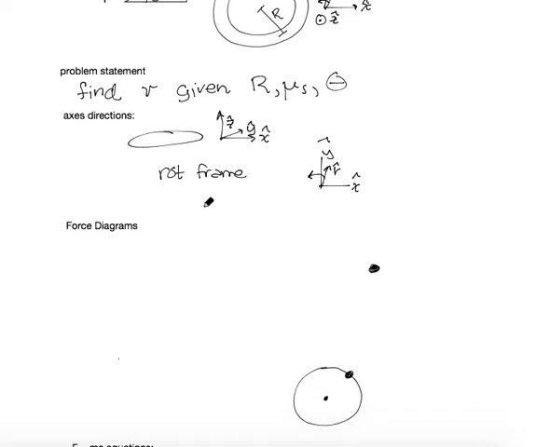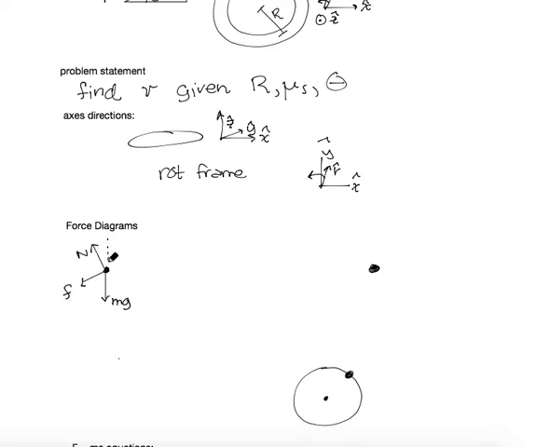Now the force diagrams, the free body diagrams. Here's your car on the incline: you've got the normal force on the incline, you've got gravity, and perpendicular to the normal force is the friction.